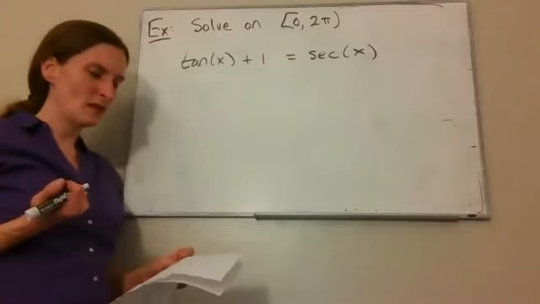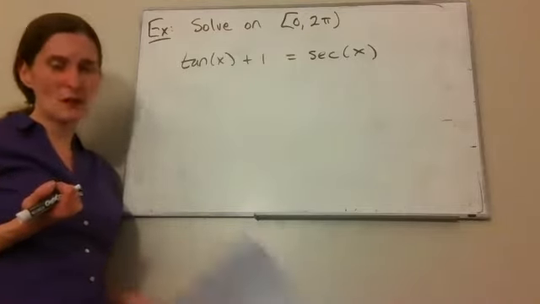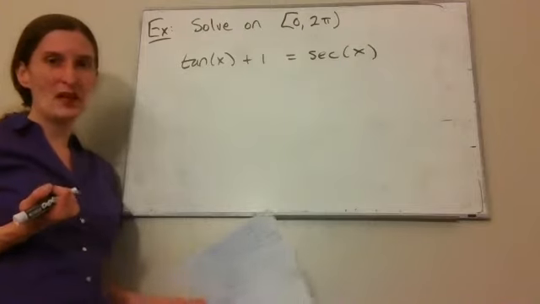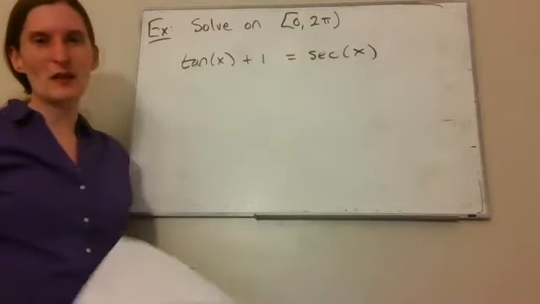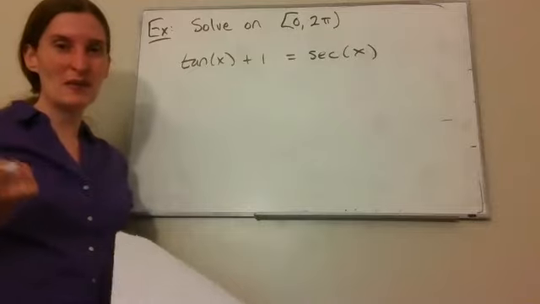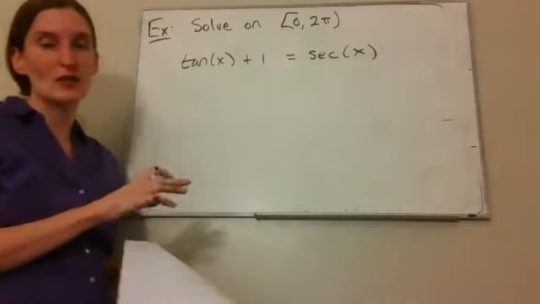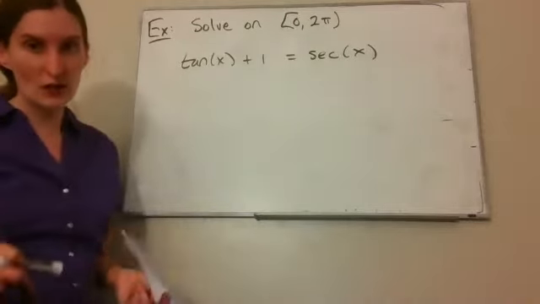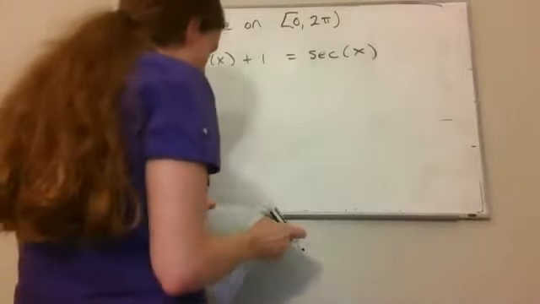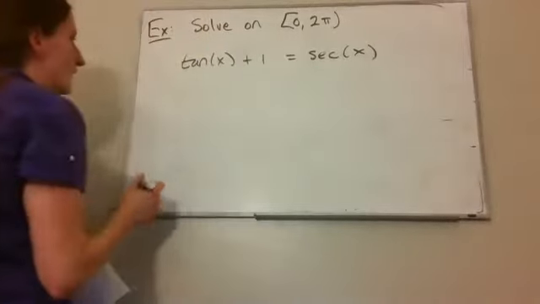So I'm going to be sort of clever, and I'm going to square both sides of the equation, because I know that tangent squared and secant squared are related, so maybe I can get all of the stuff in terms of tangents or all in terms of secants. So let's square both sides of this equation.